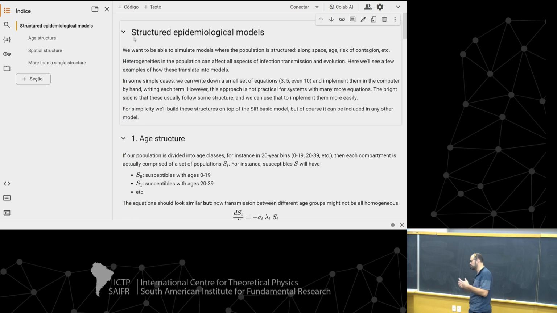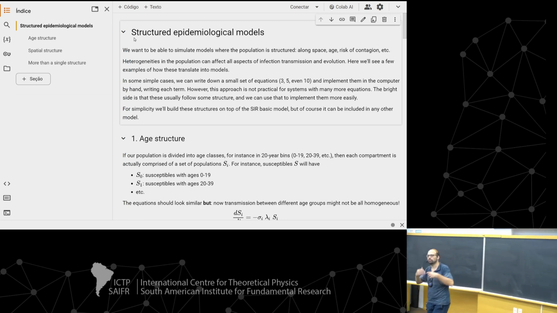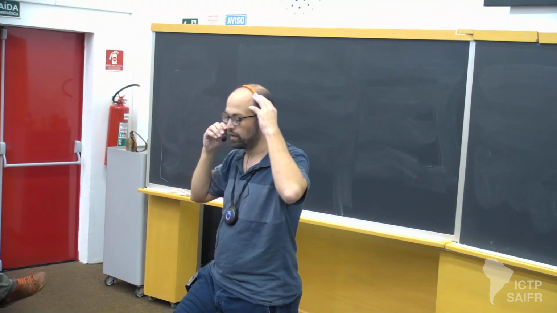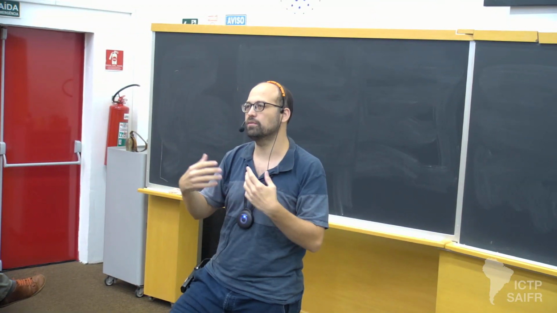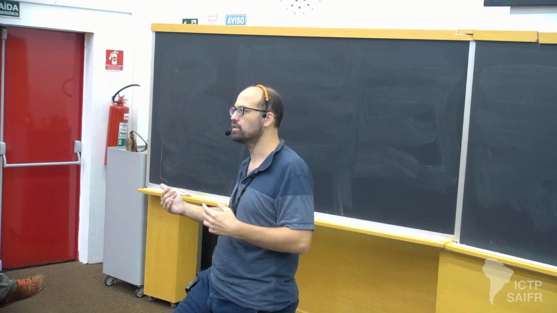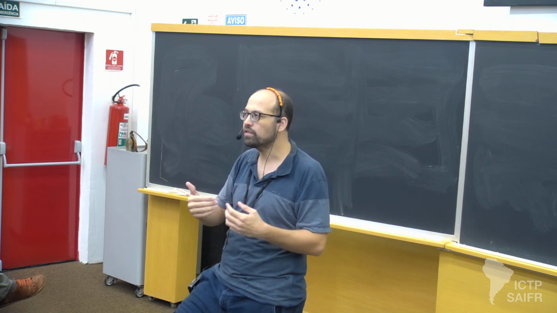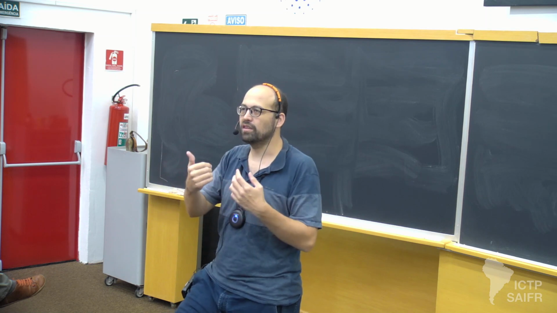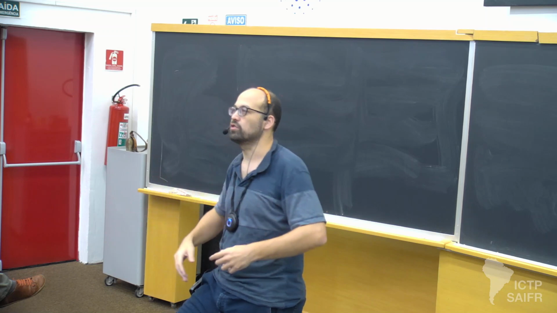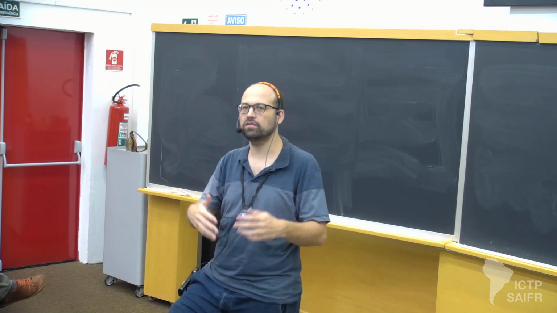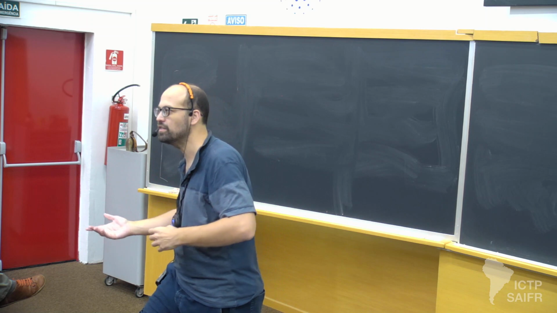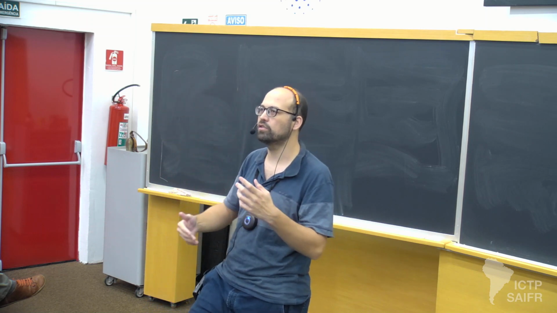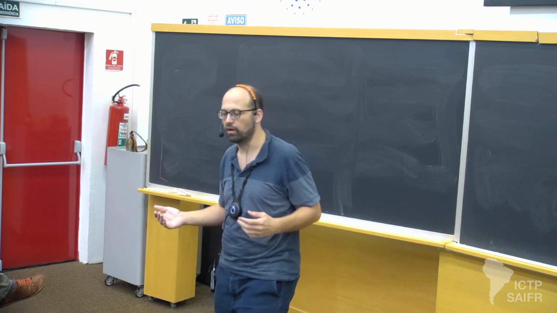It's a model that takes the population, in this case the human population, but it could also be animals and so on, and divides this population into compartments relative to the status of the disease. So if you are susceptible to the disease, if you are infected and infecting with the disease, if you are recovered, immune to the disease, and so on. Okay?